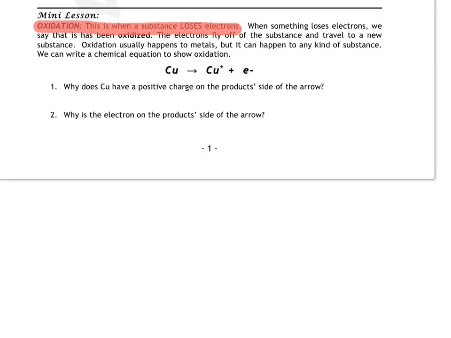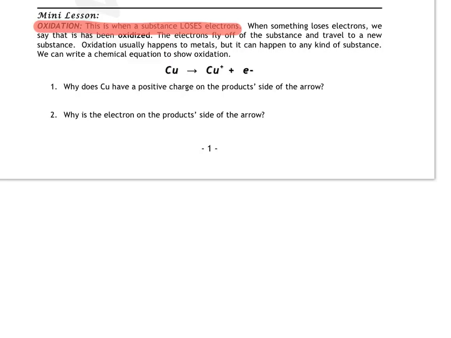They aren't just leaving and going out into space somewhere and never being seen or heard from again. Instead, if one substance loses an electron, the law of conservation tells us that it has to go somewhere, and it would go to another element which ostensibly would be accepting that electron.